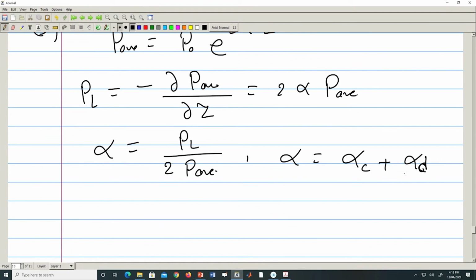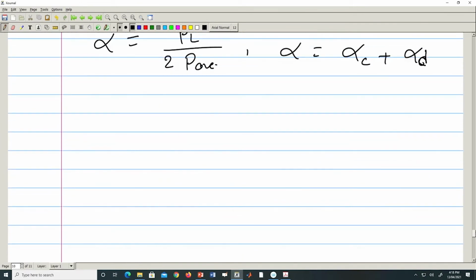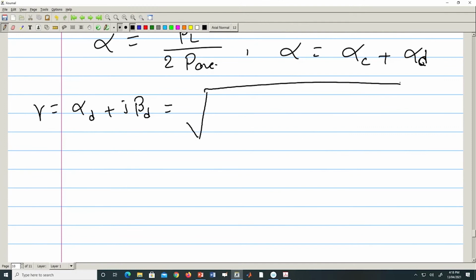We know gamma is defined as alpha d plus j beta d, and this is the derivation for how alpha d can be defined.